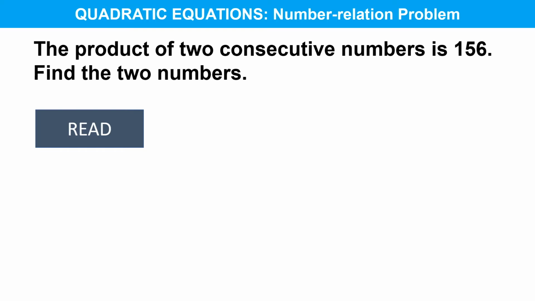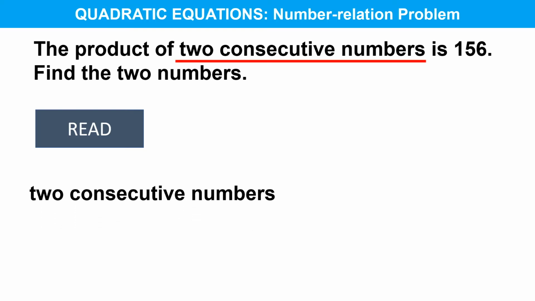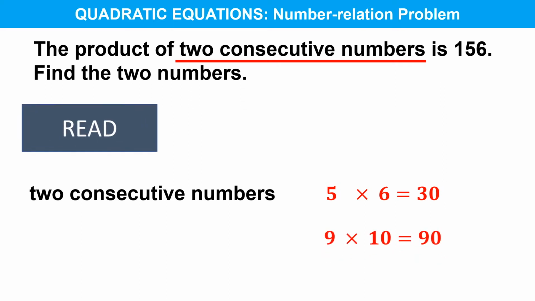The problem is to look for two consecutive numbers with a given product. For example, the numbers 5 and 6 are consecutive with product 30, and the numbers 9 and 10 are consecutive with product 90. Note that if two numbers are consecutive, the greater number is 1 more than the smaller number.